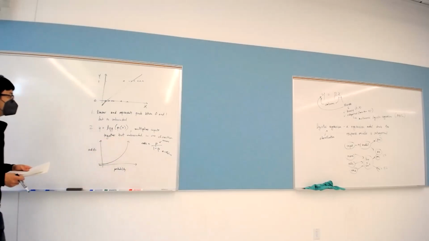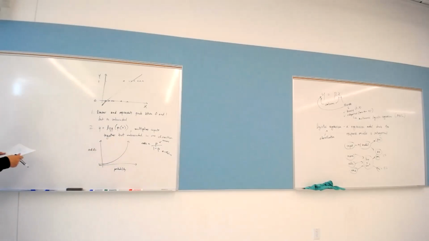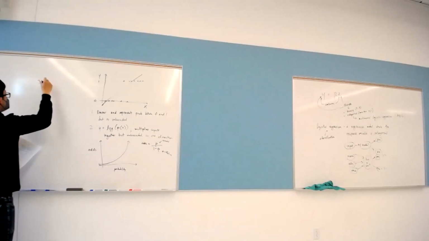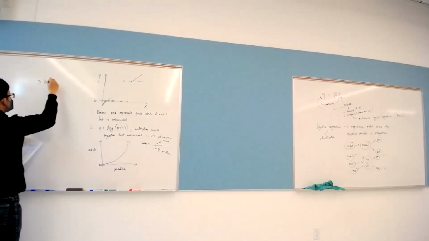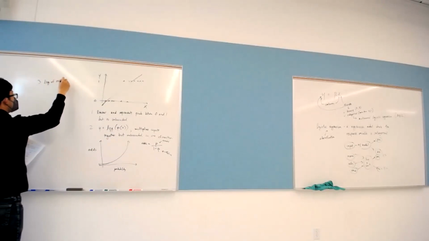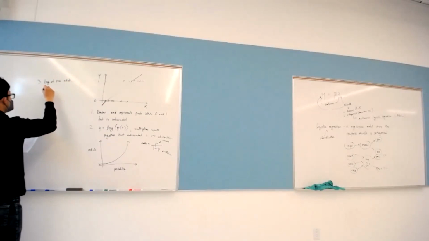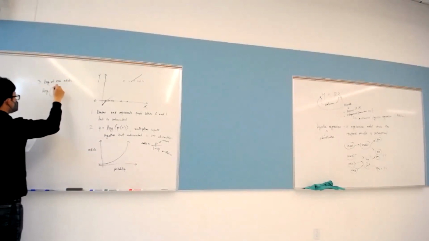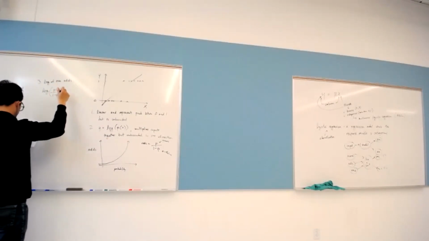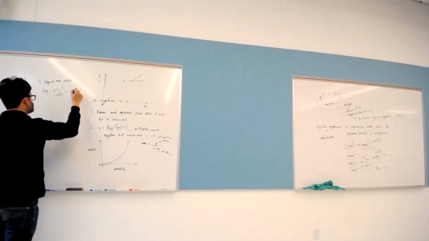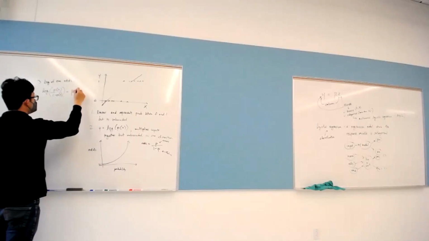Okay. So the last thing you can do is you can try and do a log of the odds. So this is log of p of x over 1 minus p of x is equal to my beta plus.